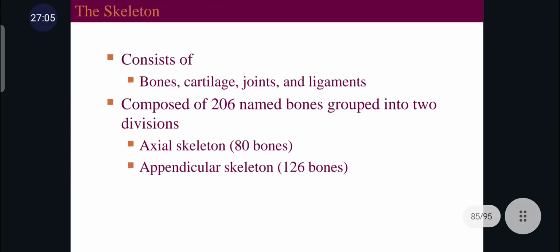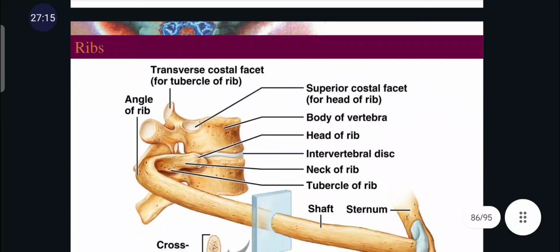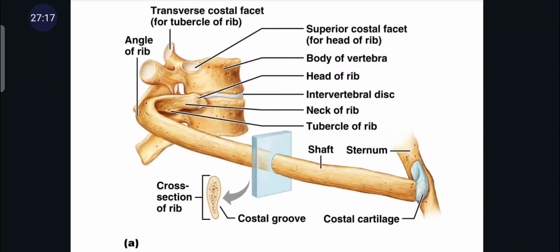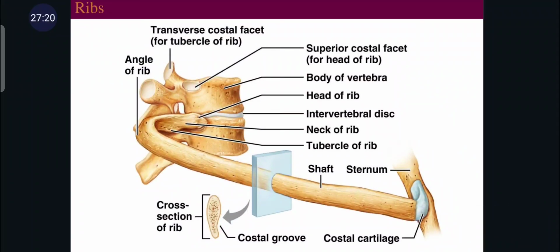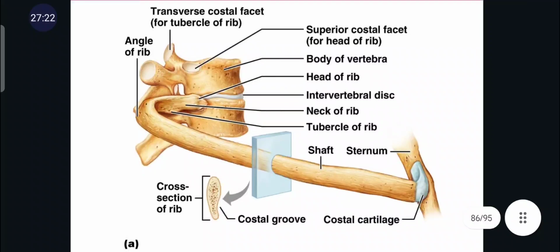The skeleton consists of bones, cartilages, joints and ligaments. The appendicular skeleton consists of 126 bones and the axial skeleton consists of 80 bones. This is the structure of a rib, which articulates at the posterior region with the vertebral column, that is the thoracic vertebrae.